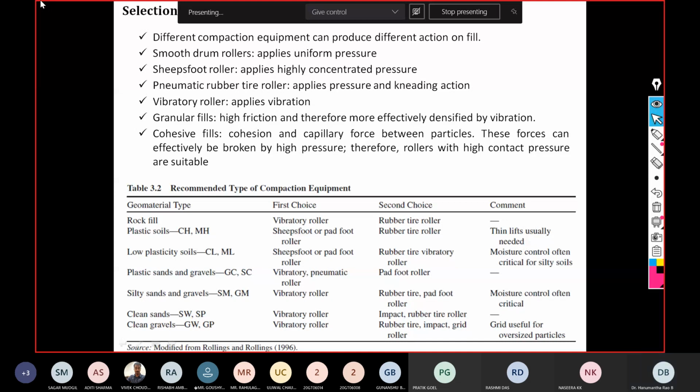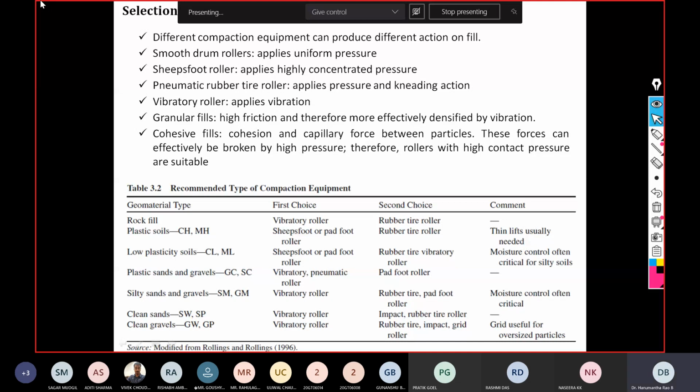Then regarding the 1-point method, the Ohio Department of Transportation has also come up with some kind of analytical way of determining moisture content.